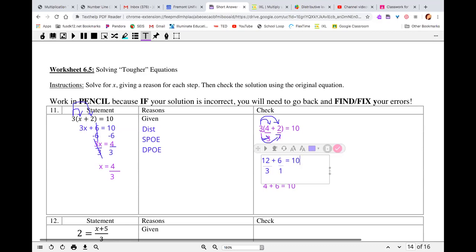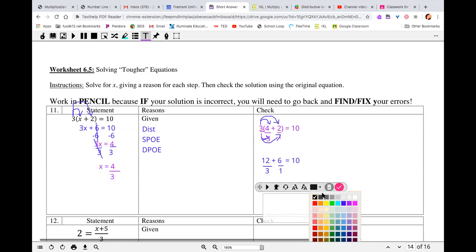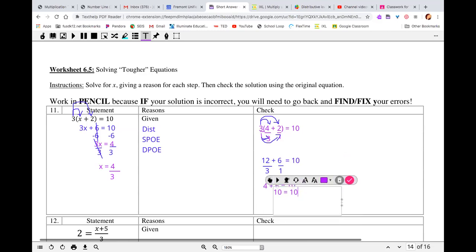Equals 10. Okay. And then 4 plus 6 is 10. 10 equals 10. All right. So does this check out?